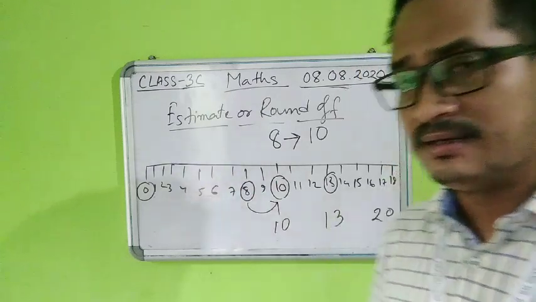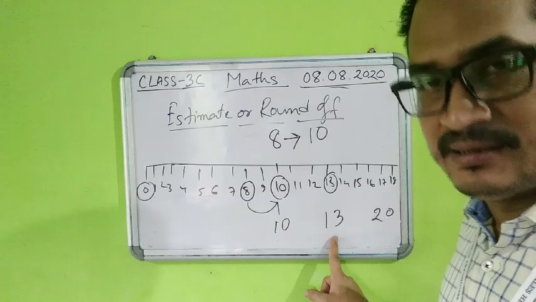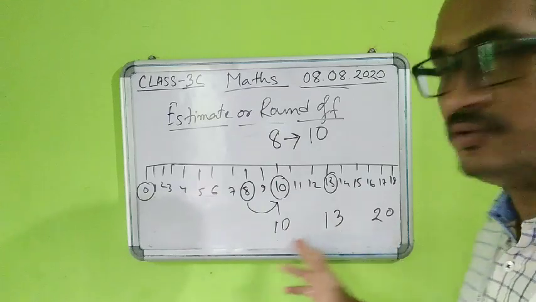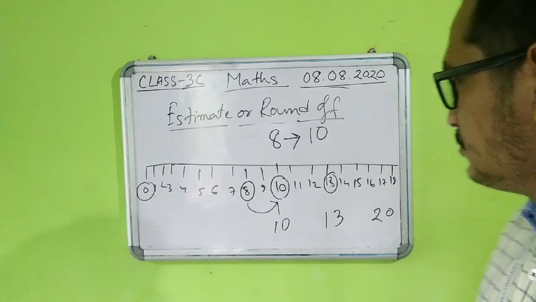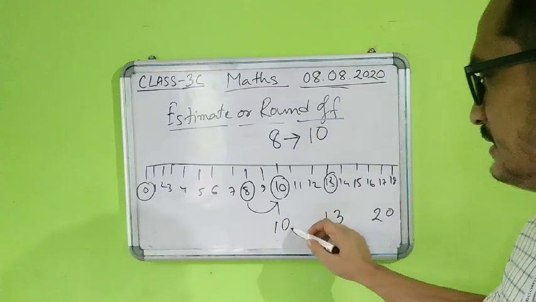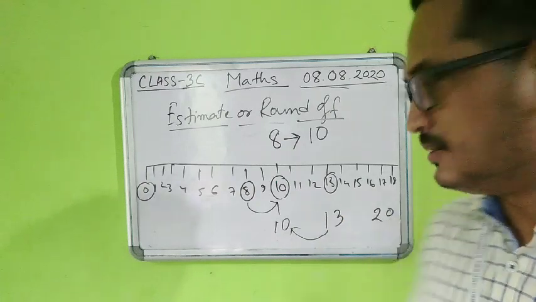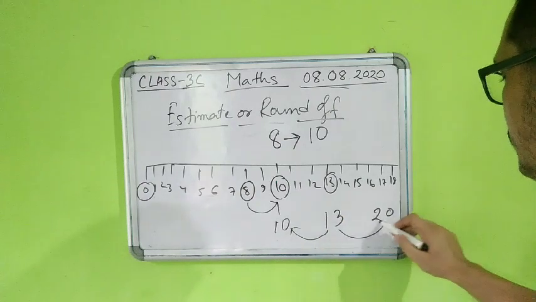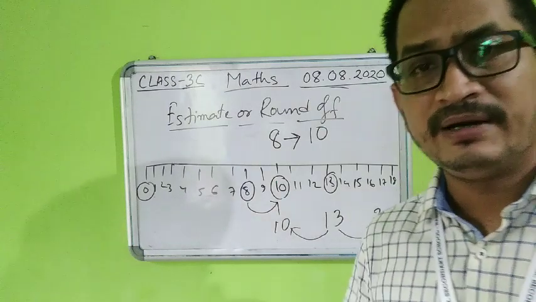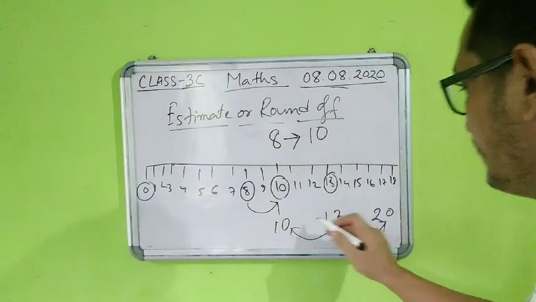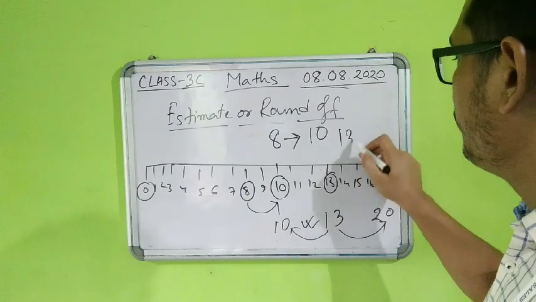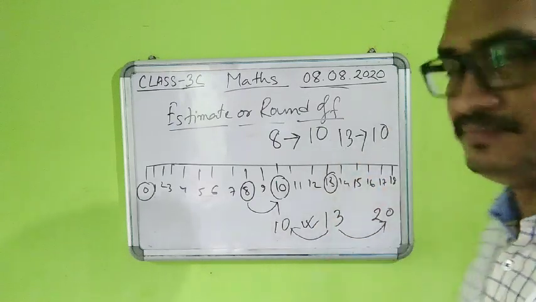Now my question is, when I have to round off or estimate 13, where should I move, towards 20 or towards 10? You can see the distance from 10 to 13 is less, but from 13 to 20 the distance is more. I will not go to that number where the distance is more. I will go to that number where the distance is less. So 13 will be rounded off to 10.